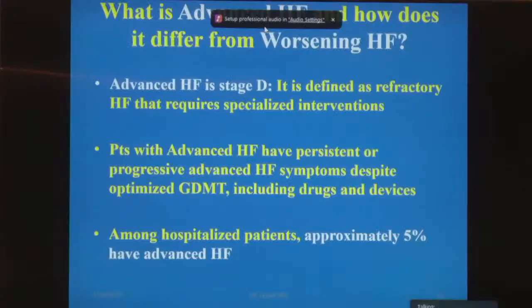And the third thing, when you have 100 patients who are hospitalized because of heart failure, usually studies show 5% of them will be having advanced heart failure.